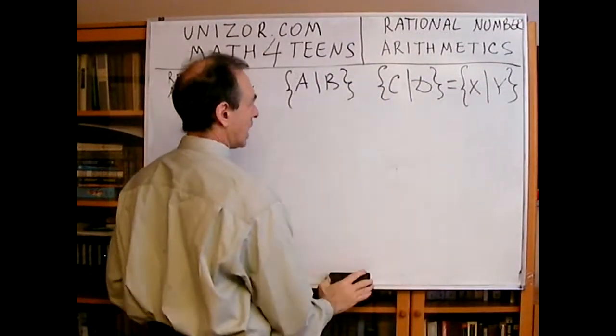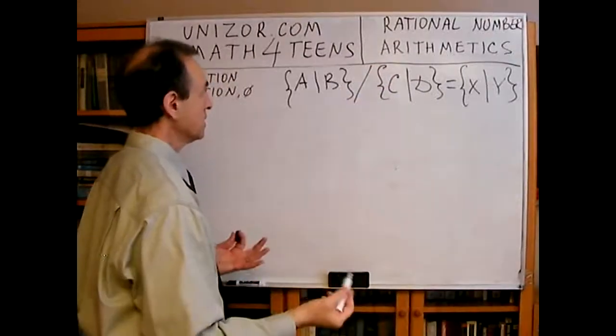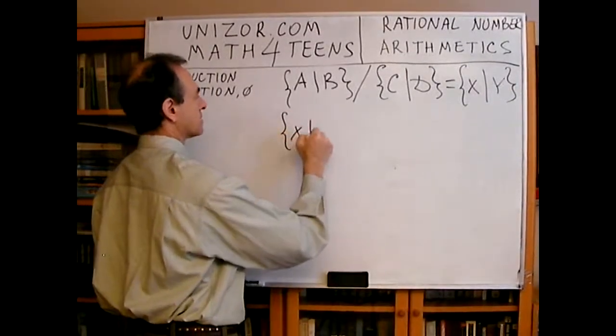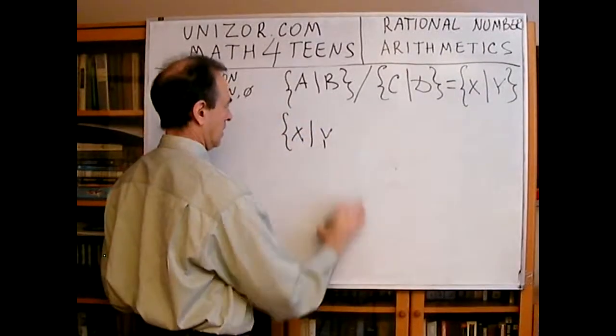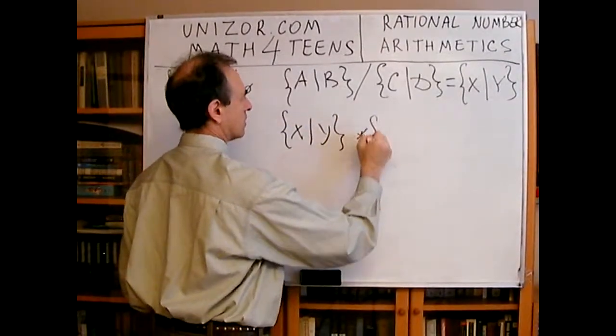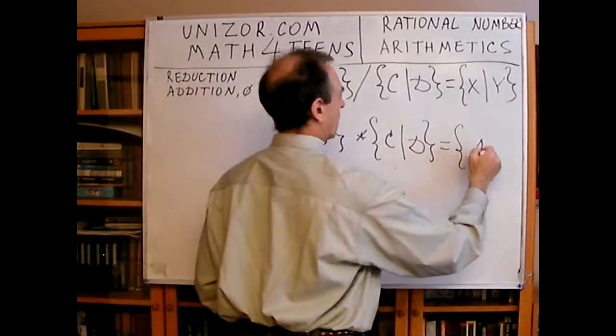So in this case, if this is division, what does it mean? It means basically that x over y times c over d should be equal to a over b.